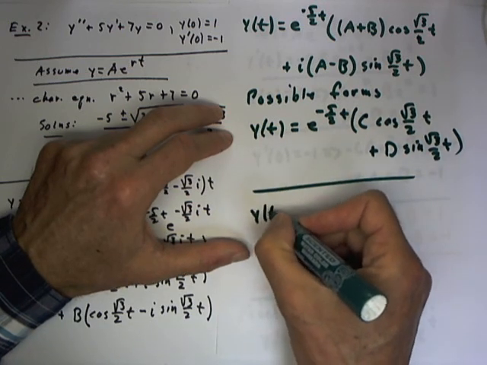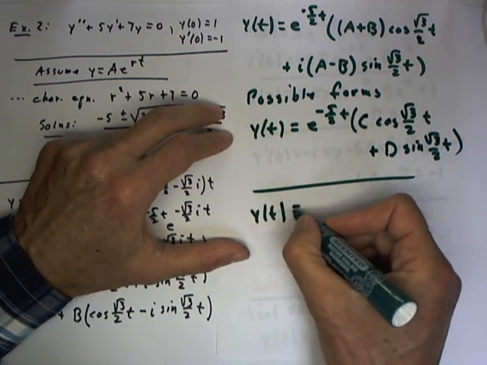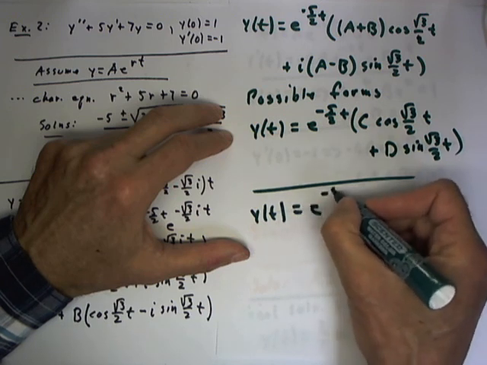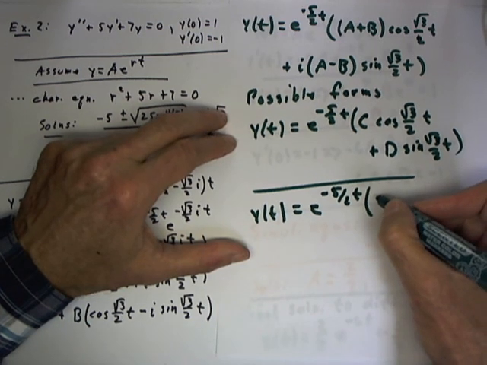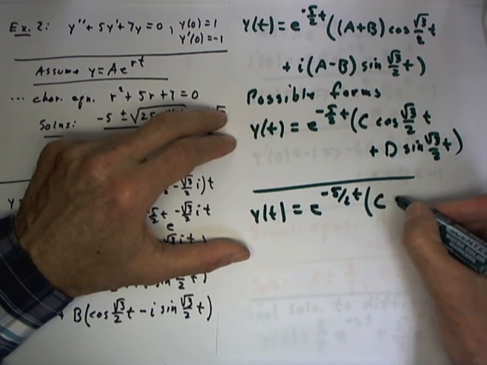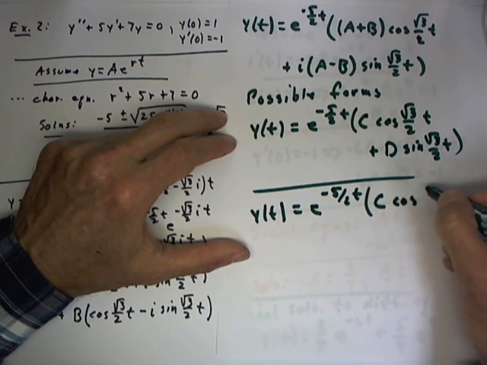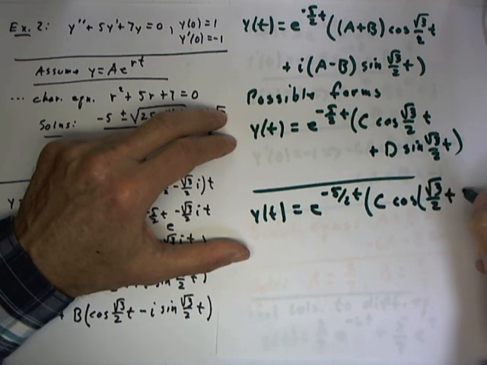or y of t equals e to the negative 5/2 t multiplied by, let's say, c times the cosine of square root of 3 over 2 t plus phi.